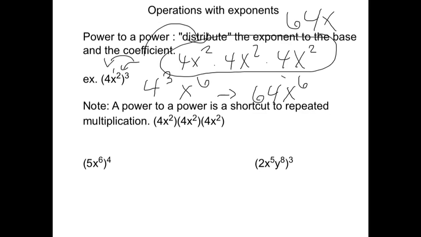I would keep the base the same, and I would add the exponents, which is 2 plus 2 plus 2, or 6. So I could, if I really wanted to take the time, list out 4x squared to the third power as 4x squared times 4x squared times 4x squared, and then use the multiplication rules of operations with exponents, or I could just use the power to a power rule and distribute the exponent.